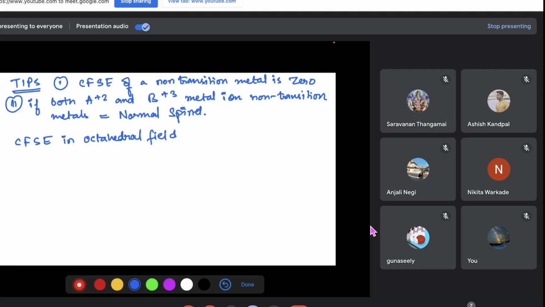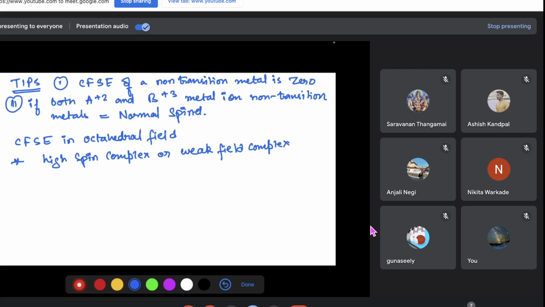It will be a high spin complex, so our metal will experience a weak field due to the weak field ligand.